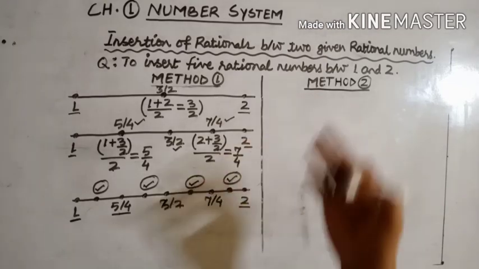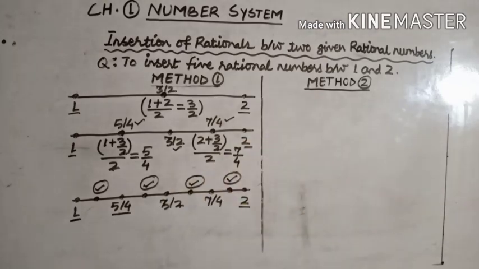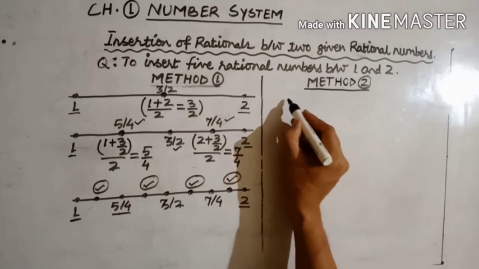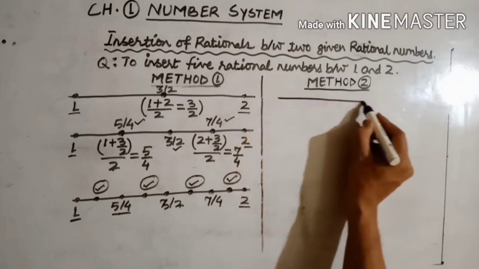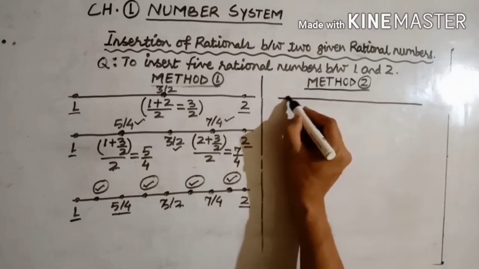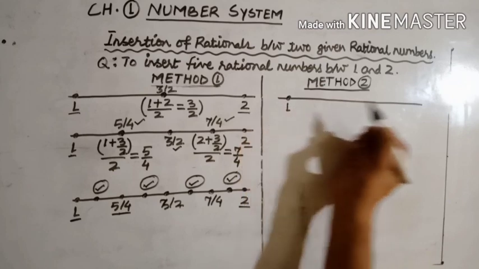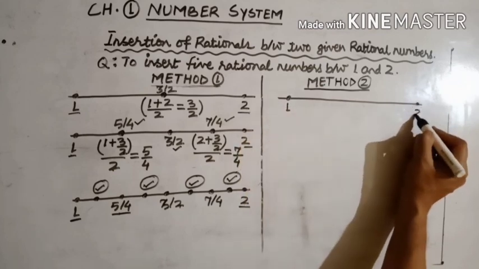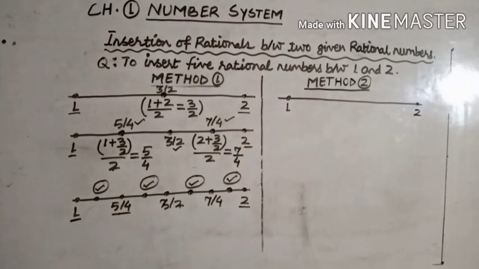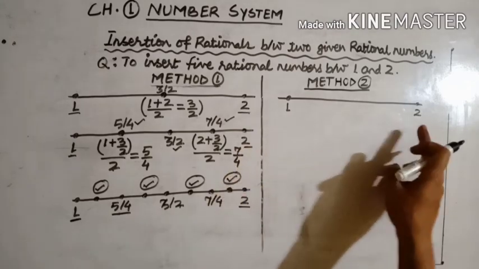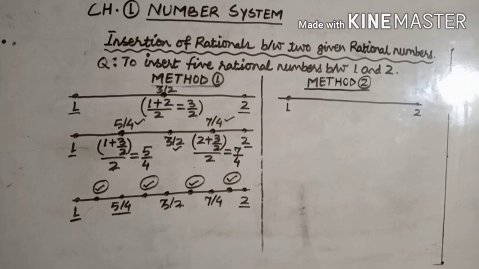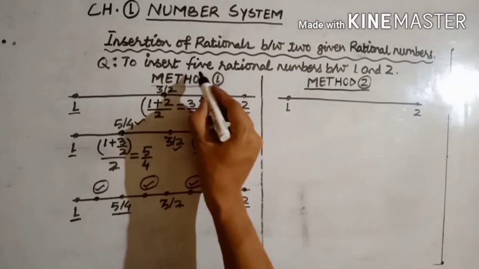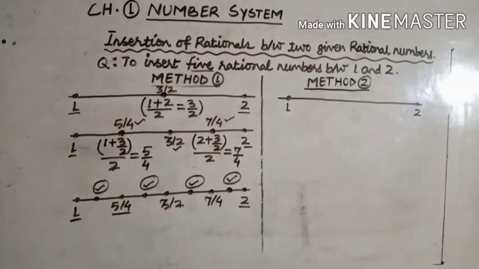Let's start with method number 2. In method number 2, again we locate both the rationals 1 and 2 on the real number line and we start dividing this difference between 1 and 2 into 5 plus 1, it means 6 equal parts.